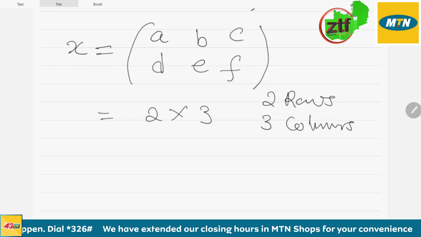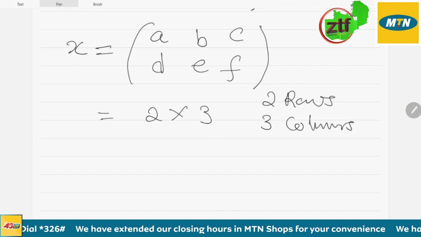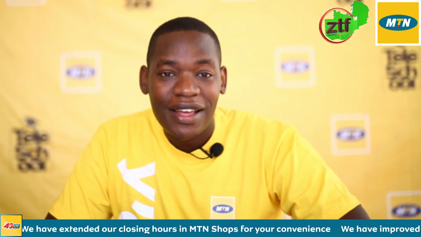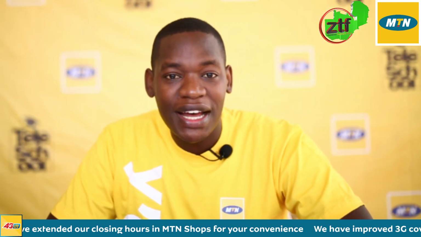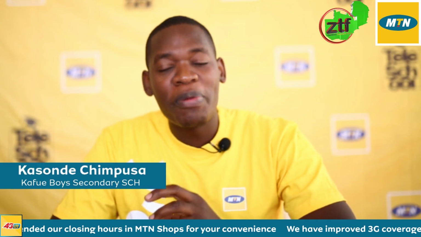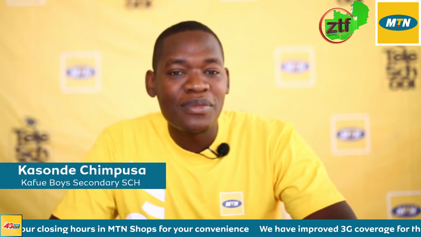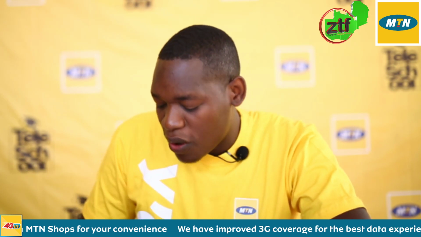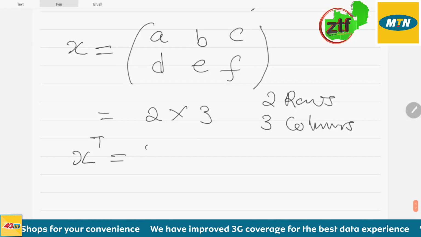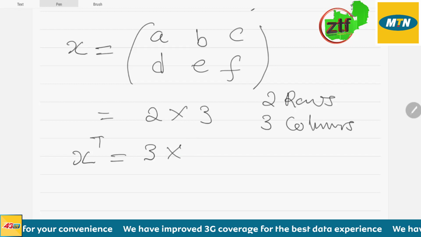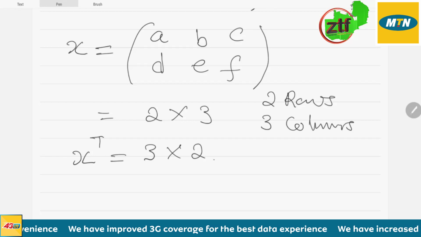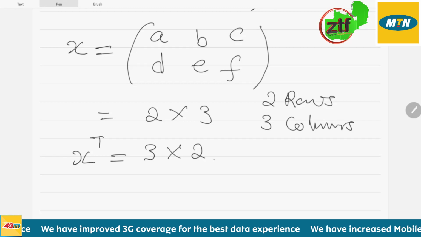So when we are asked to find the transpose of matrix X, it simply means that rows will become columns and columns will become rows. So the order of that transpose matrix will be a 3 by 2. Why? Because rows will become columns and columns will become rows.